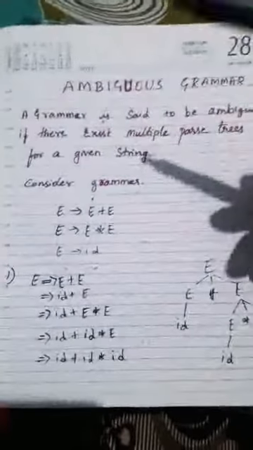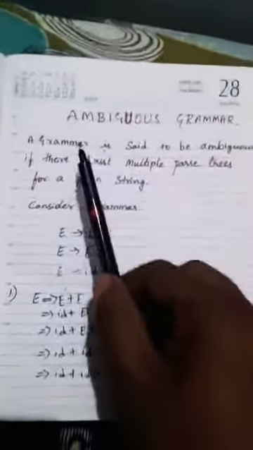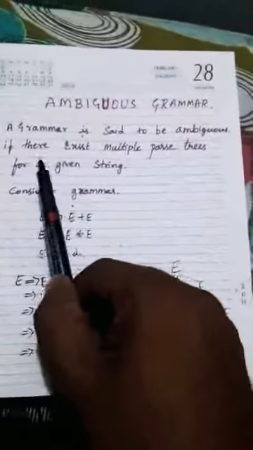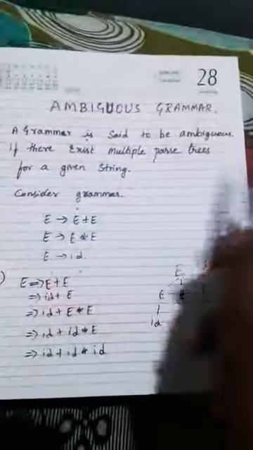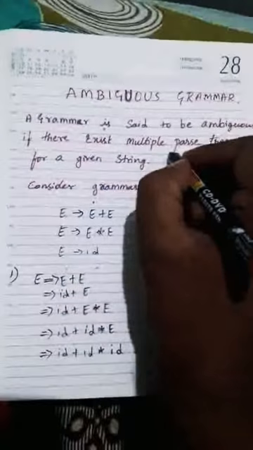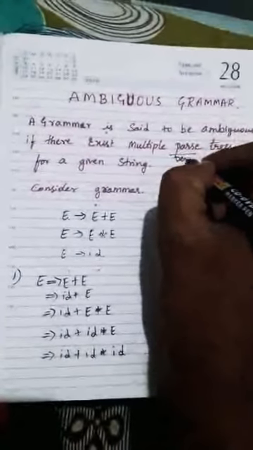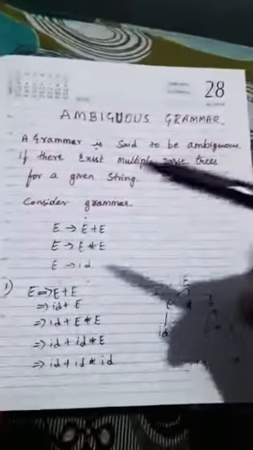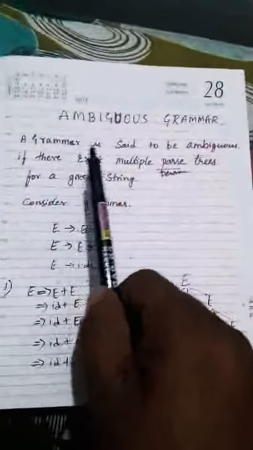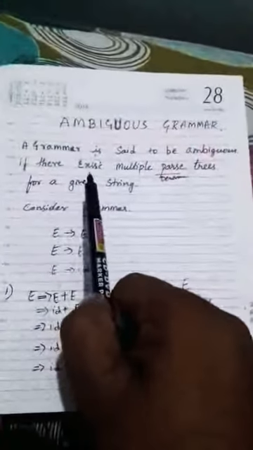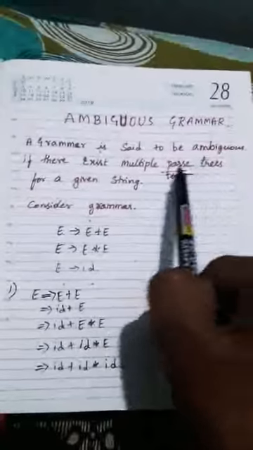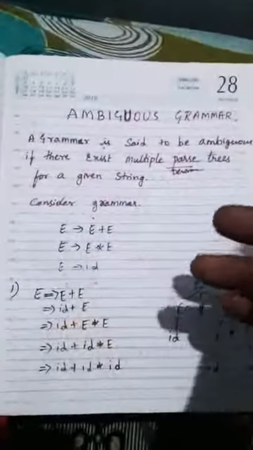What do you mean by ambiguous grammar? The grammar is said to be ambiguous if there exist multiple parse trees. What do you mean by parse trees? That is nothing but derivation trees only. A grammar is said to be ambiguous if there exist multiple parse trees or derivation trees for a given string.